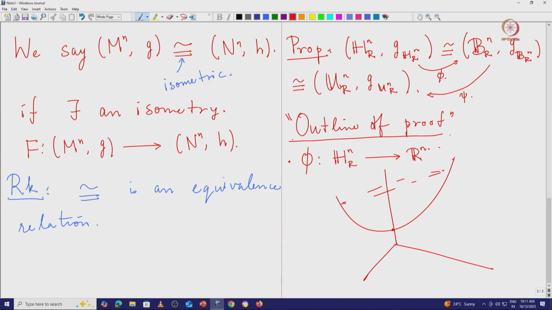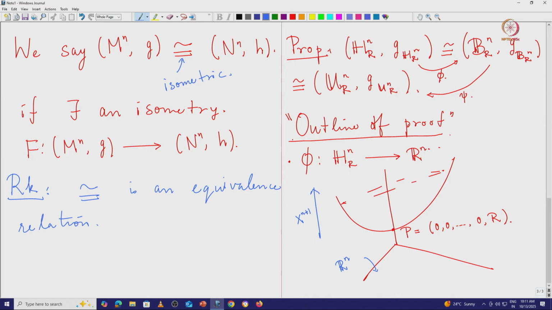where this was what we call the pole, which has coordinates 0, 0, 0, except the last component is r, and then corresponding to this, if we reflect this point across the Rn plane, so this is the Rn plane, and recall this direction is the n plus first direction.